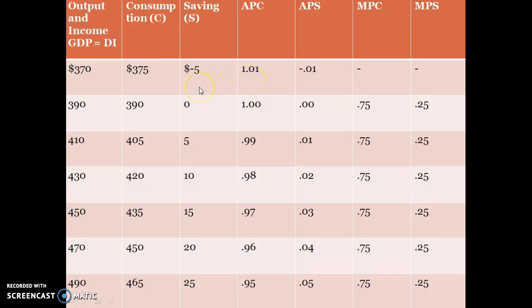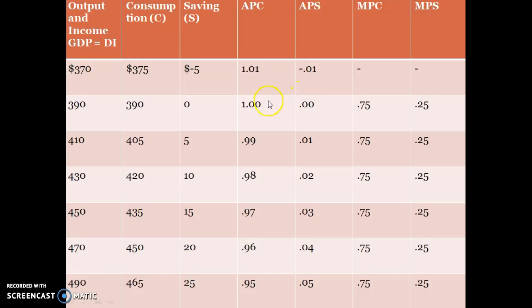You'll also notice that in this first row, we are consuming more than we have in terms of production or disposable income in the economy, so this is a savings of -5. To get the average propensity to save, we take the savings, which in this case is -5, and divide that by our disposable income, which is 370, and that gives us -0.01.